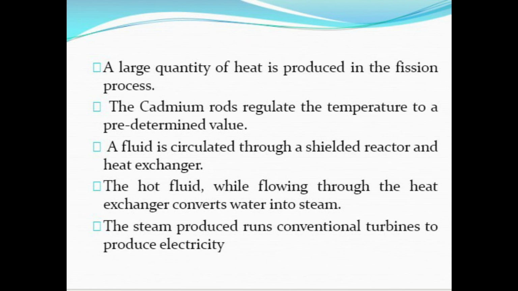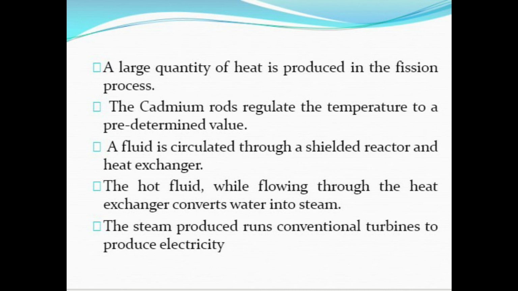Working of a nuclear power plant. A large quantity of heat is produced during the fission process in the nuclear reactor. The cadmium rods regulate the temperature to a predetermined value. A fluid is circulated through the shielded reactor and the heat exchanger.